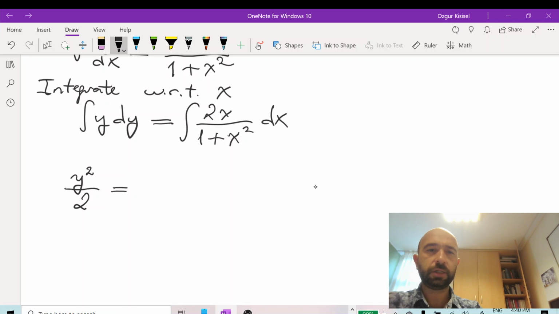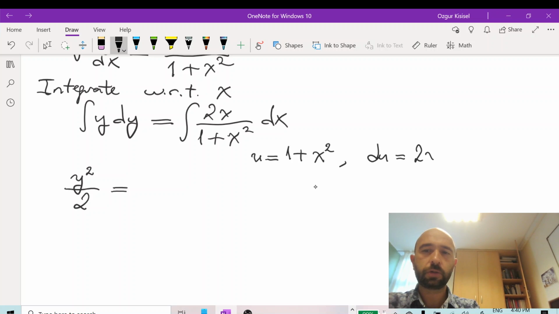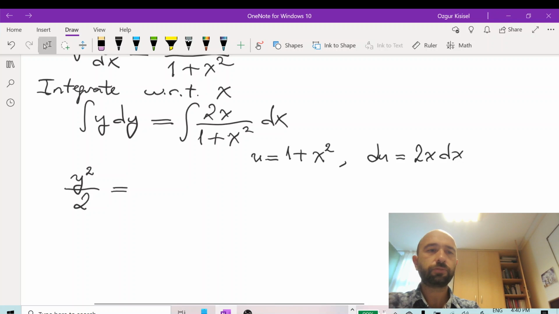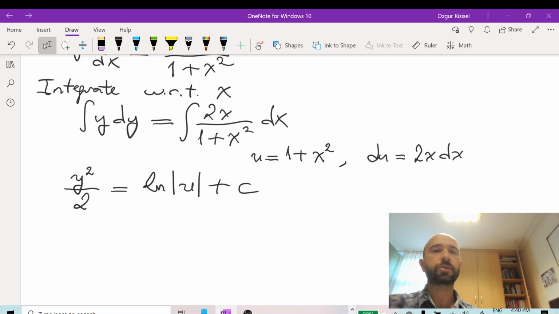The right-hand side, you could make a simple substitution, u equals 1 plus x squared, and in that case, du will be 2x dx. So this is essentially du divided by u. So its integral then is natural logarithm, absolute value of u, plus a constant.